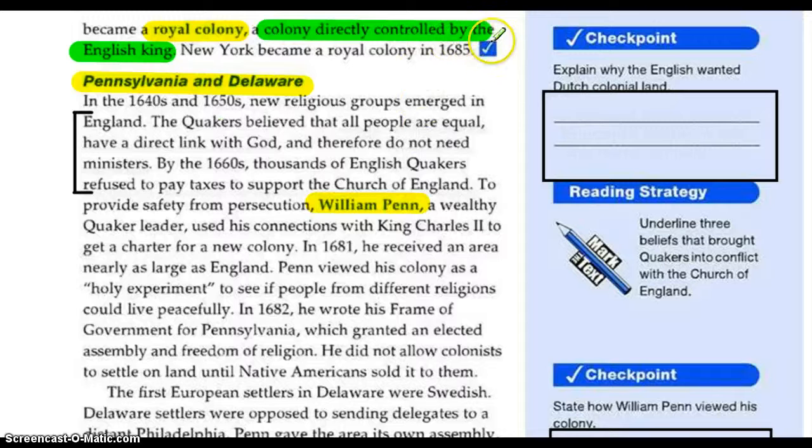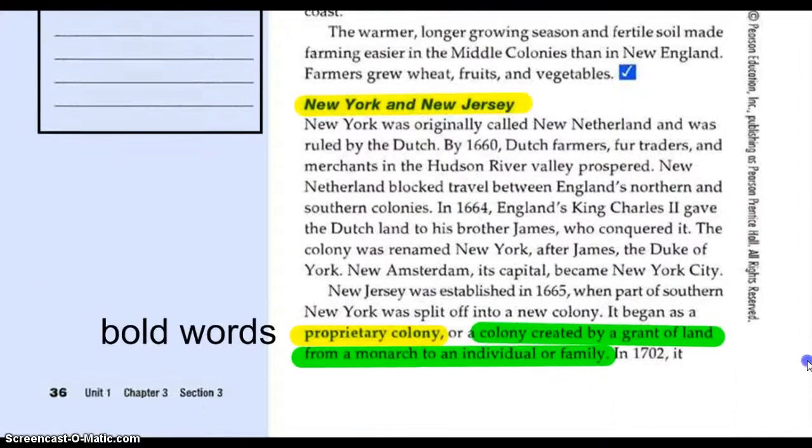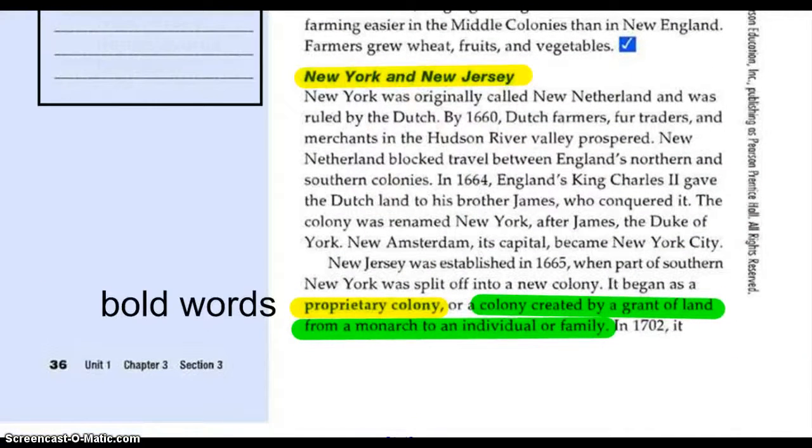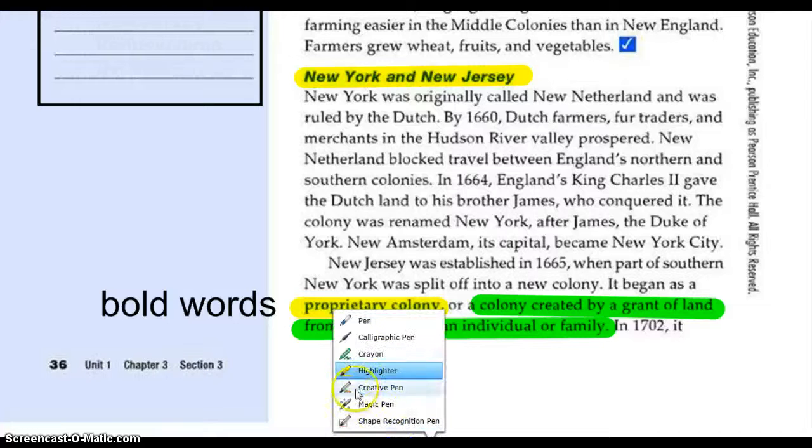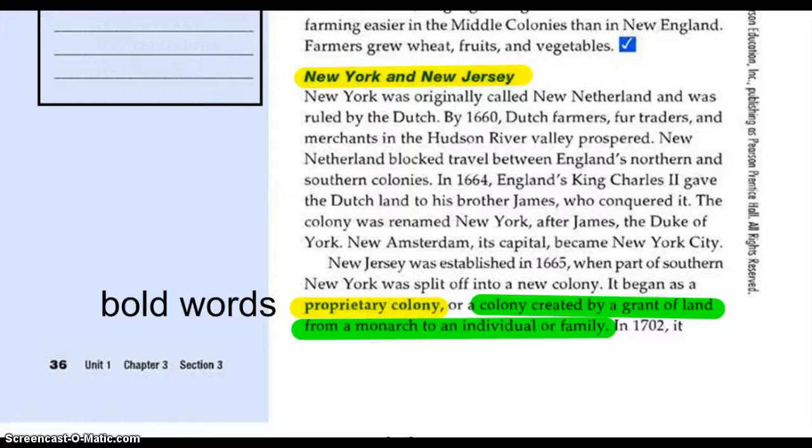I also see here that there is a checkpoint question. So going over to the side, it says, explain why the English wanted Dutch colonial land. You're going to have to go back to the first page to find this answer. I'll show you the section here, because this one is a little bit of a tricky question. You want to look right here in this section for the answer. It's not going to tell you directly, this is the reason why England wanted the land.